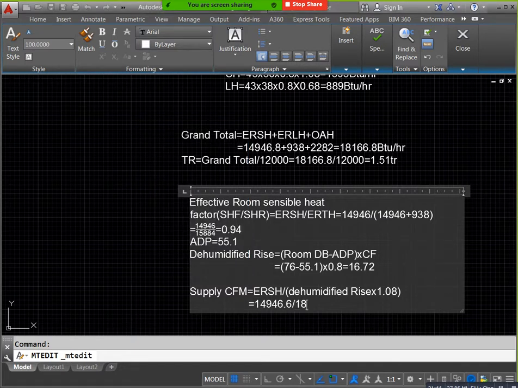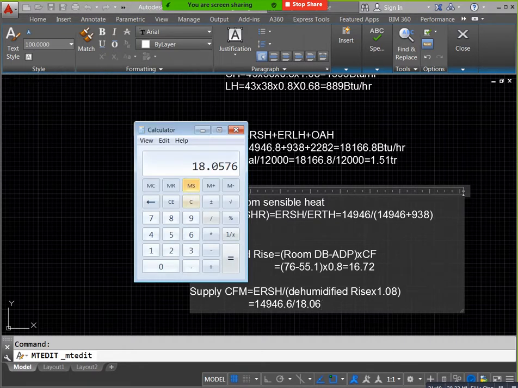CFM. Now we get the CFM condition, but this CFM we need to convert into liter per second also. If you need to convert to liter per second, you can go here, equal to 827 multiplied by 0.47. Then you are getting the liter per second value.